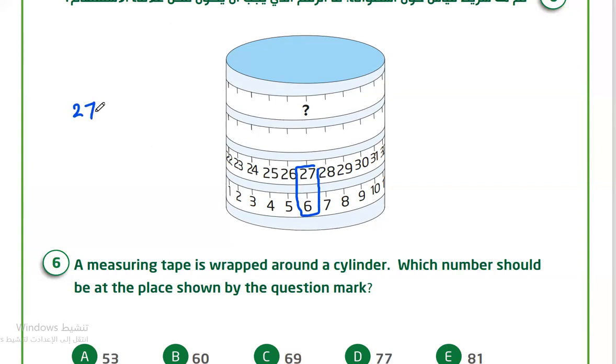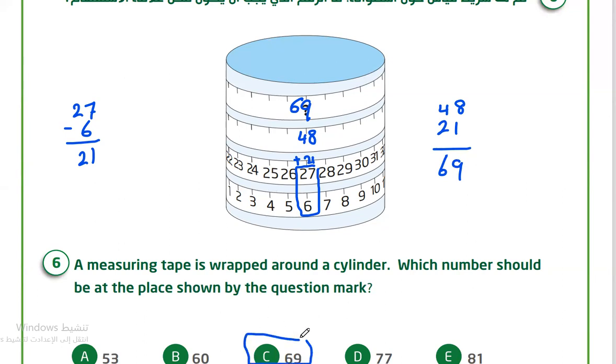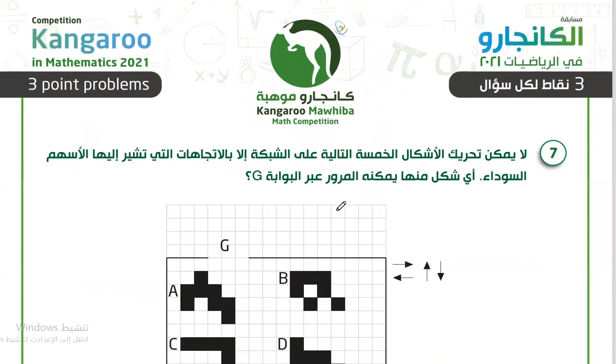So 27 minus 6 equals 21, right? The difference between the two lines is 21. Then you add 27 plus 21, which equals 48. And 21 plus 48 gives you 69. So here will be 69, and the answer is C. Is it clear? Yes, it's clear. Right, good job.